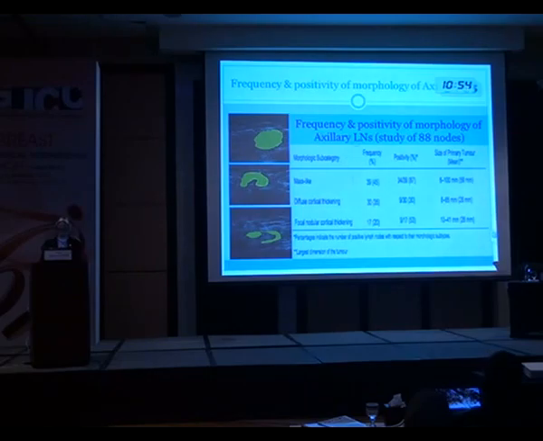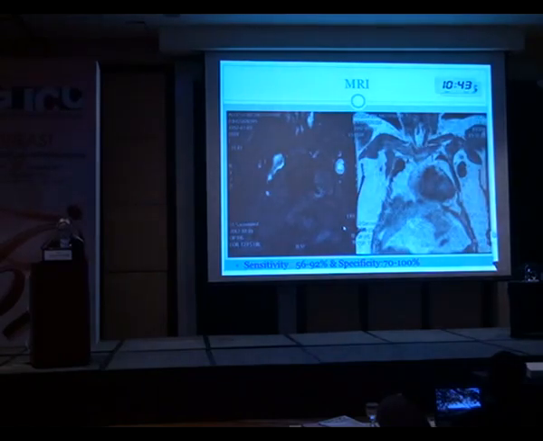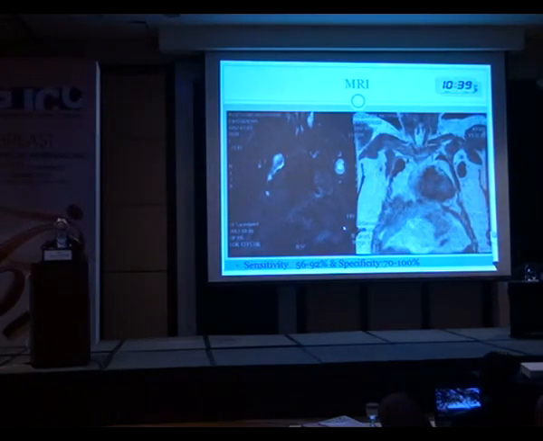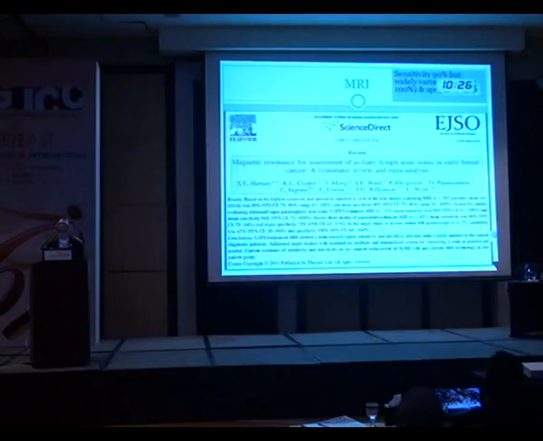The frequency of mass-like presentation to be infiltrated is the most, followed by the diffuse cortical thickening, followed by the nodular cortical thickening. The role of MRI in diagnosis of infiltrated lymph node is not very important because it has a very variable sensitivity ranging from 56 to 92.